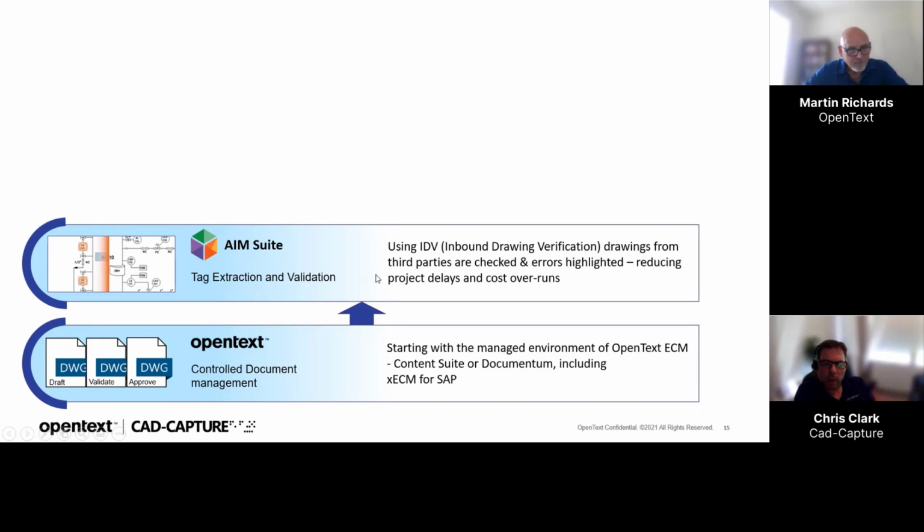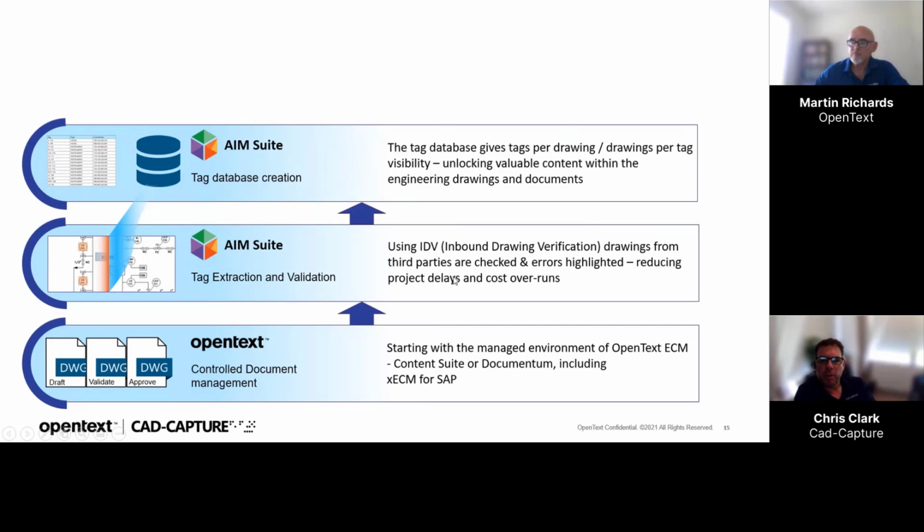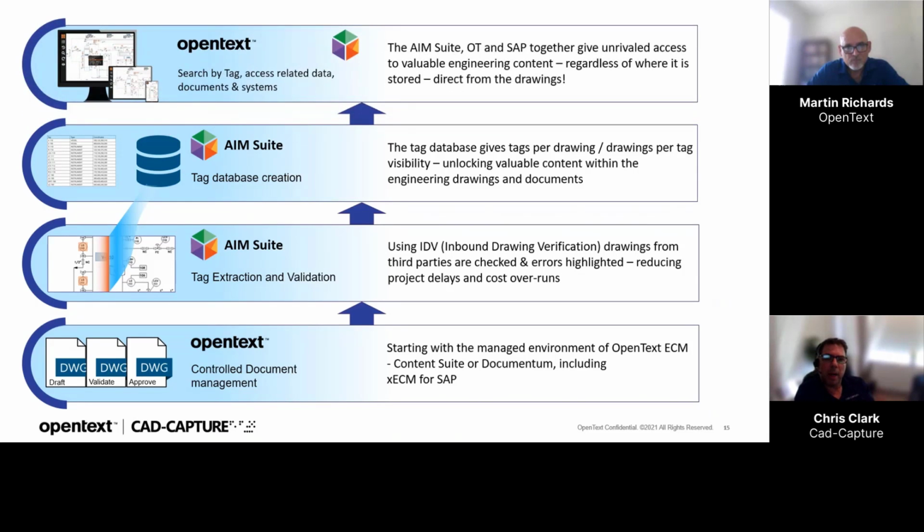That can be a good way of validating the information initially and from an integrity point of view. But we can then build a tag database from that information that we've taken from the drawing, and that can give you visibility of the tags per drawing, drawings per tag. But the culmination of this is really combining the access of that database through the user interface screen, the Brava tool that you mentioned earlier, or intelligent viewing. And that means that you can then navigate directly through to that information from the screen itself using hotspots.